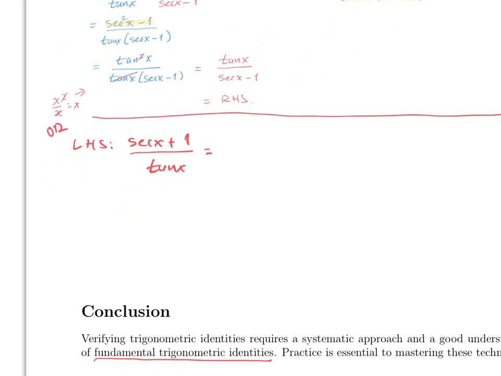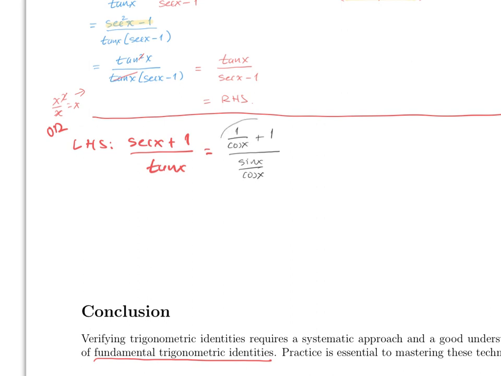On the top, remember that secant is 1 over cosine. And on the bottom, remember that tangent is sine over cosine. You can see how things start getting a little more tricky, but if you are not sure, you can always change things to sine and cosine.